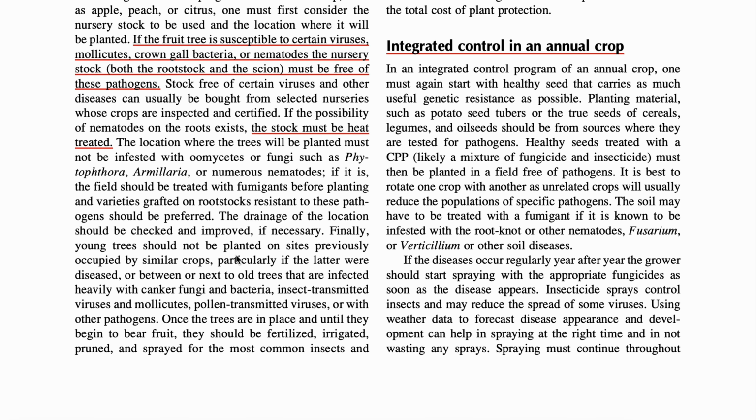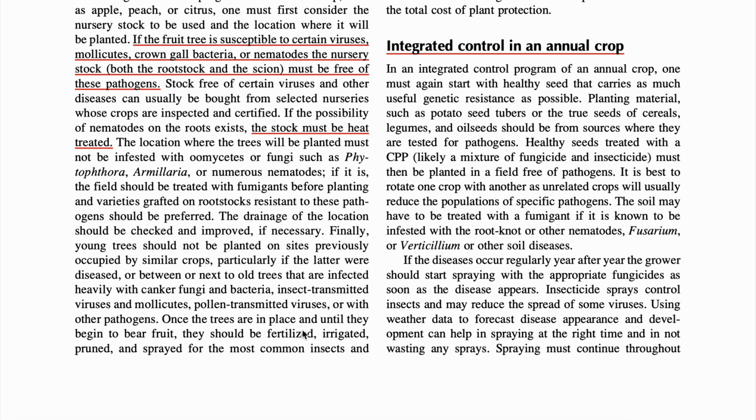Finally, young trees should not be planted on sites previously occupied by similar crops, particularly where diseased trees grew, or next to old trees that are heavily infected with canker fungi and bacteria, insect-transmitted viruses and mollicutes, pollen-transmitted viruses or other pathogens.